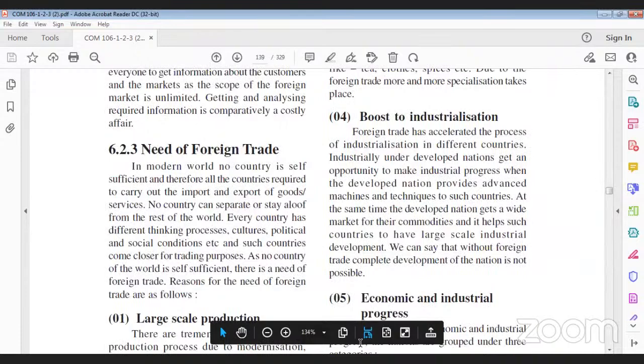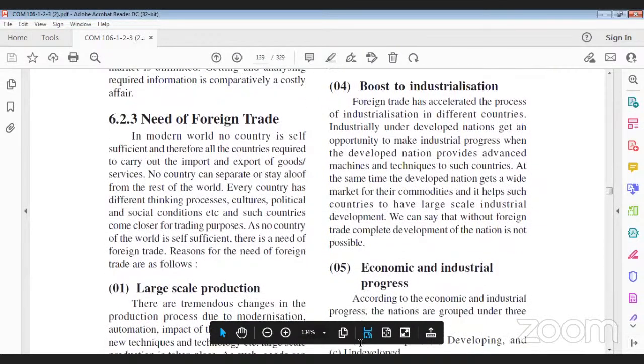There are some reasons for these needs. There are seven points for the reasons behind international trade or foreign trade. The first one is large-scale production.